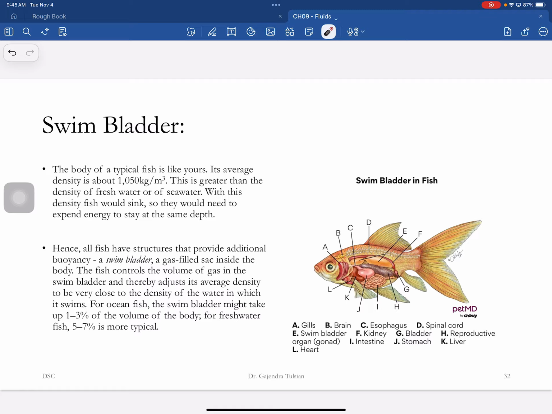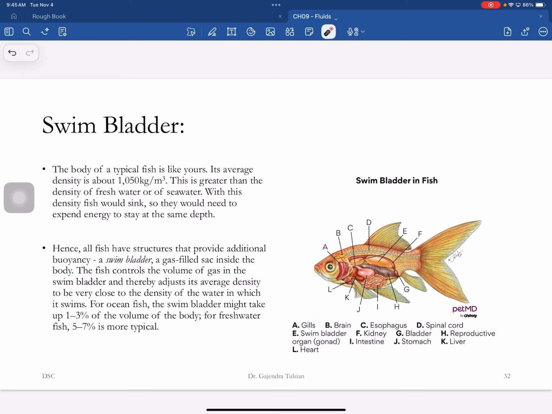So all fish have structures. All fish have a swim bladder, a gas-filled sac inside the body. They can control the volume of gas. So there's this swim bladder, and they can control the amount of air in it. So you can control your buoyancy. What would you do if you want to go to the floor for food?